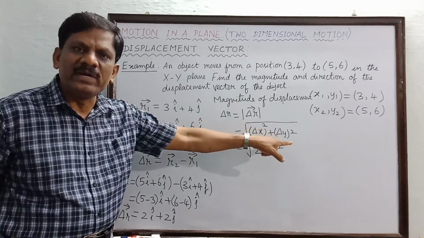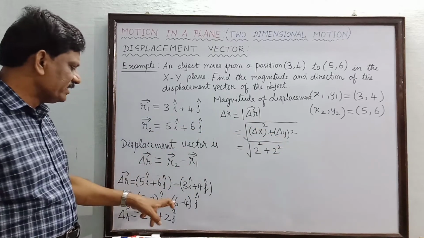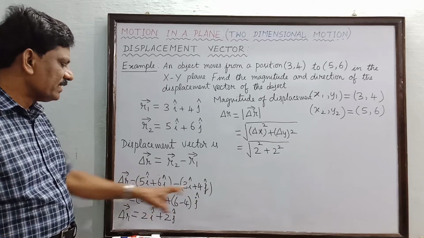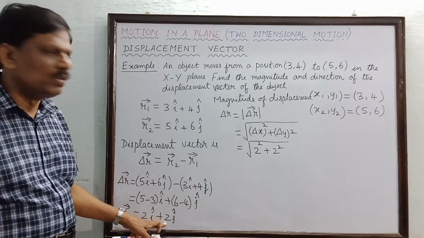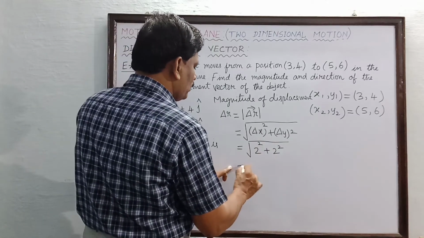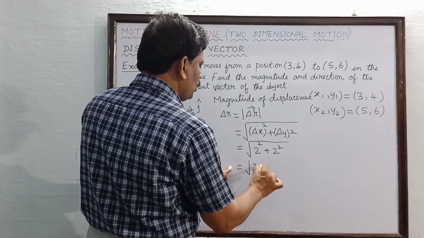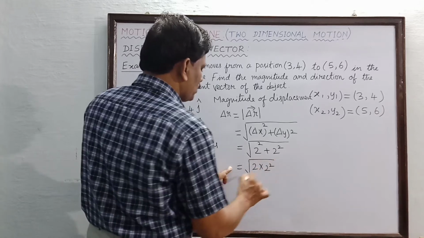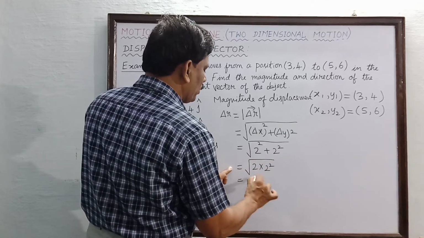Similarly, what is delta y? The change along the y-axis is 6 minus 4, that is also 2. So this y square will become 2 square. So this is equal to the square root of 2 into 2 square, which is 2 into square root of 2.